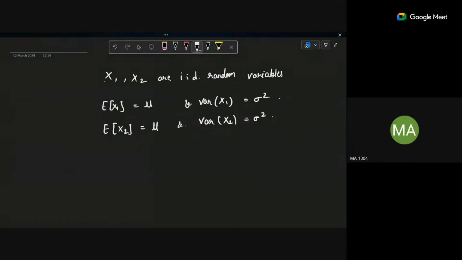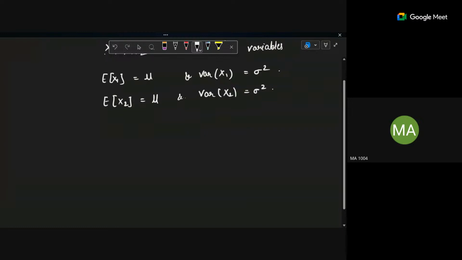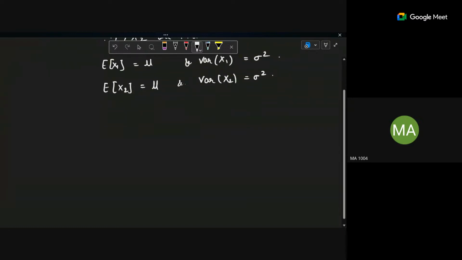Fine. Then we are interested in finding the variance of A, variance of B, and variance of C, where they have given three different formulations for the sample mean. What do you mean by sample mean, by the way? Do you remember? We have discussed the sample mean.